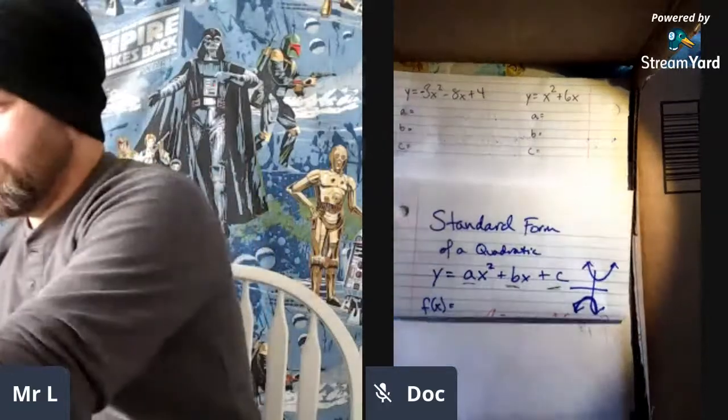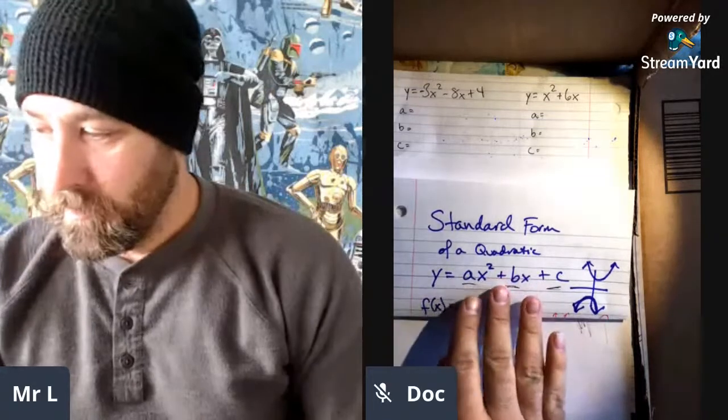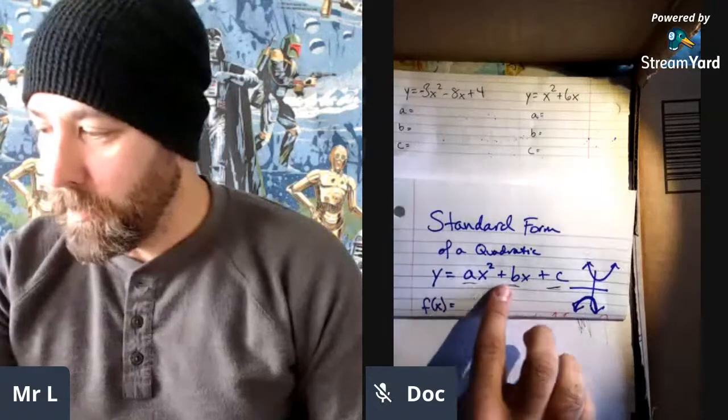Now remember, standard form, everything would be positive in the generic form. So if you get a negative number for A, B, or C, then that means A or B or C would be negative.